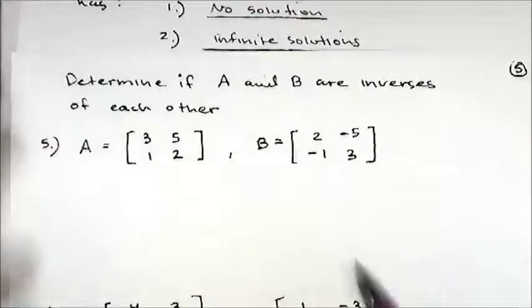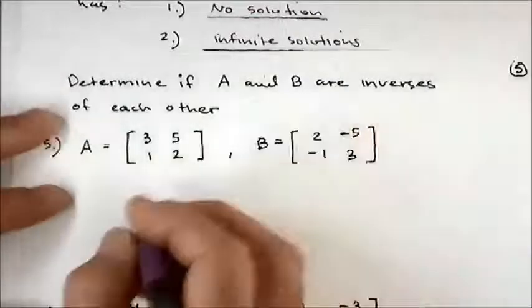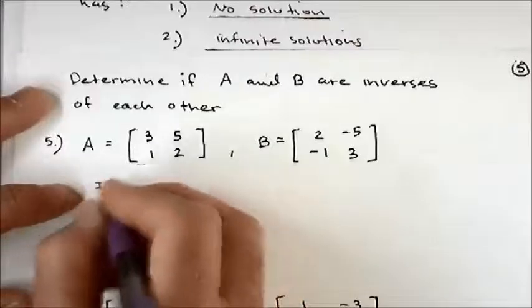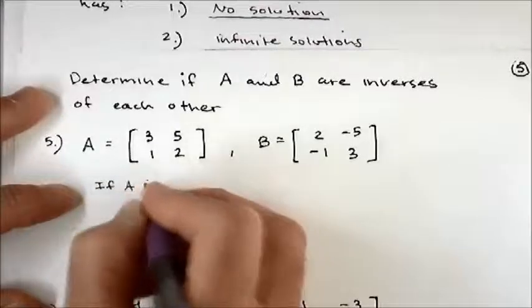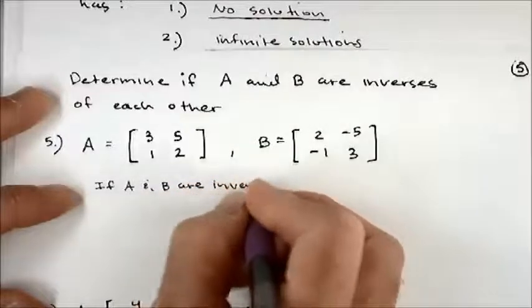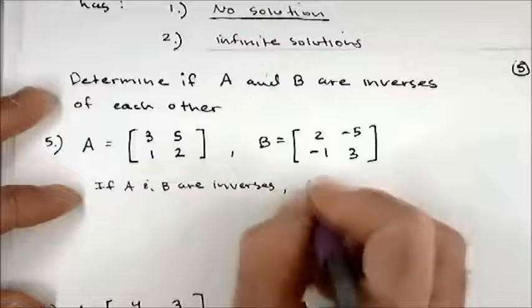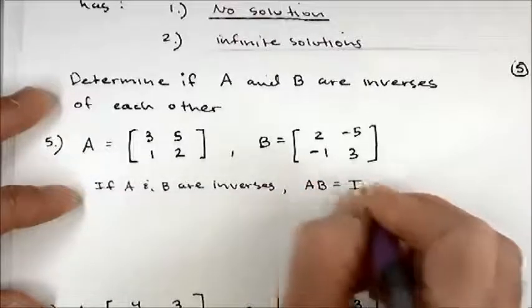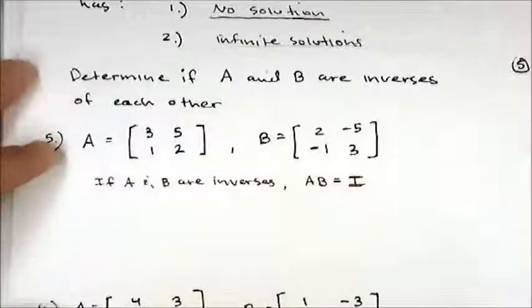What's the other way I could do this? Go back to the definition. If A and B are inverses, what should happen is if I multiply A times B, I should get I. Remember, that was the definition of our inverse.